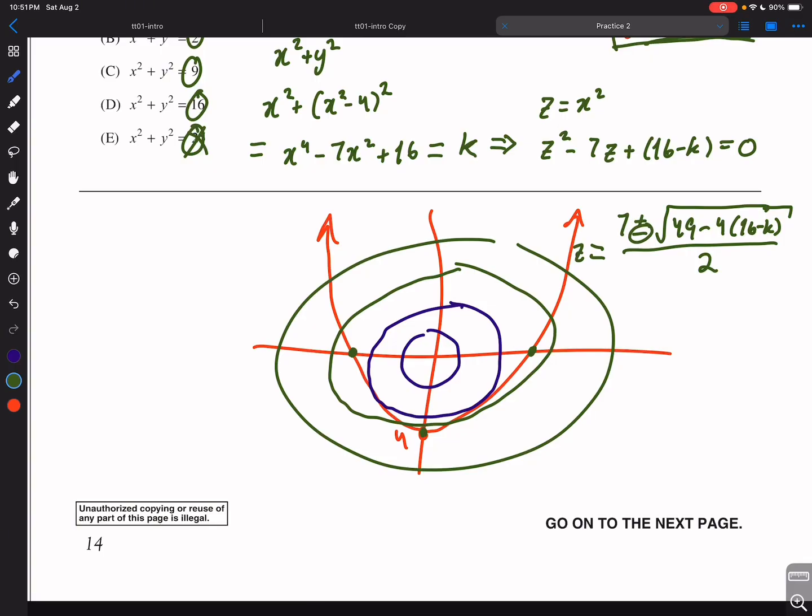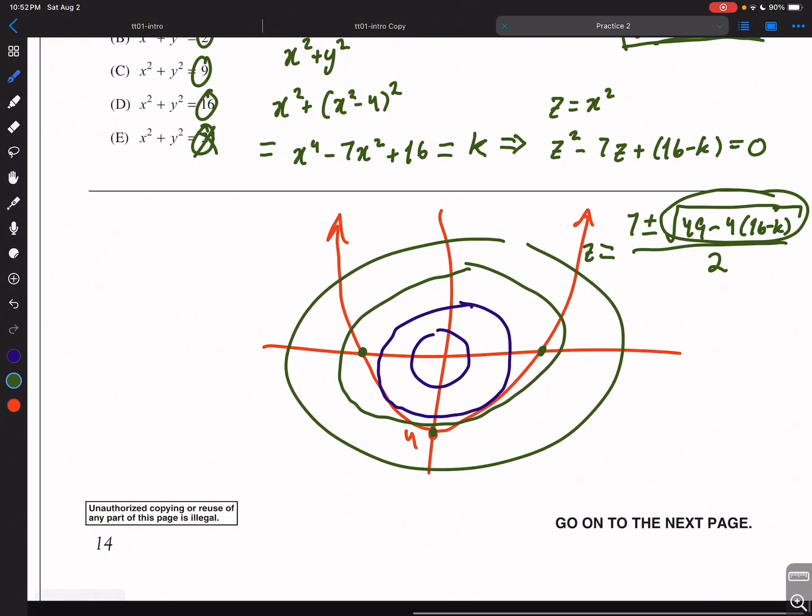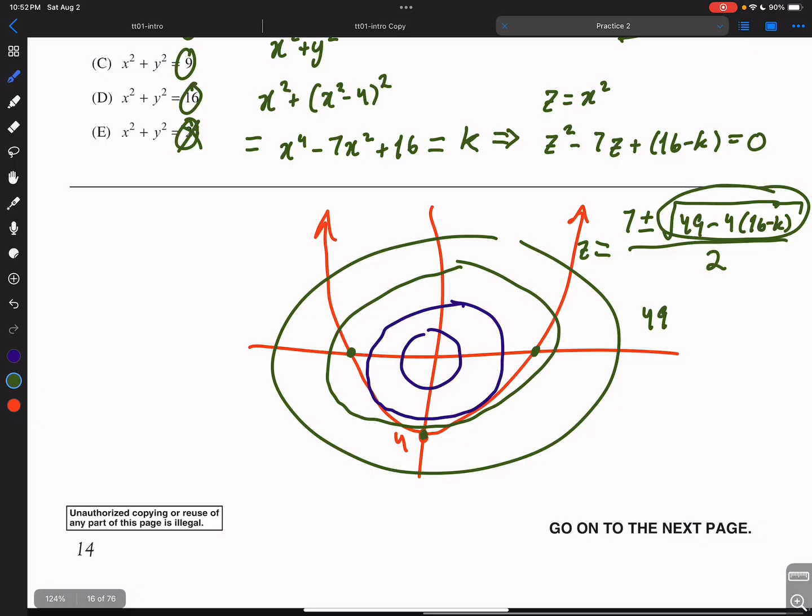So I want this square root value to be strictly less than 7, which is to say I want everything underneath the square root to be less than 49. So I want 49 minus 64 plus 4k to be less than 49.